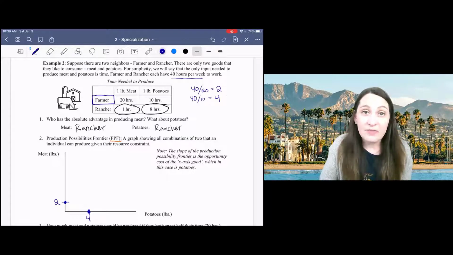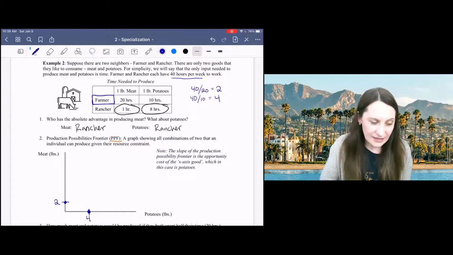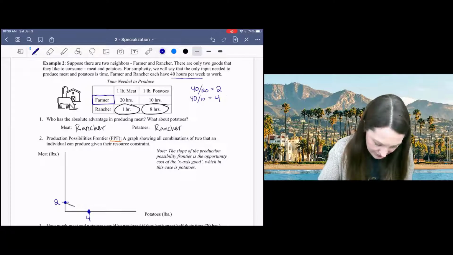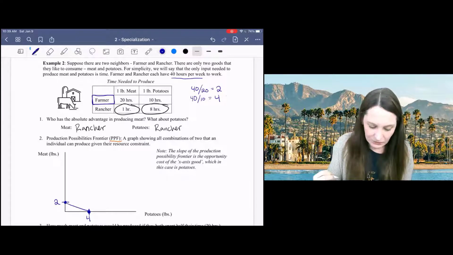The assumption that we've made here is that each pound of meat takes the same amount of time to produce, and likewise for potatoes. So because the farmer requires a constant time investment to produce these products, the line connecting these two points is a straight line.